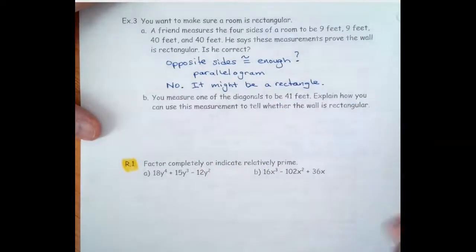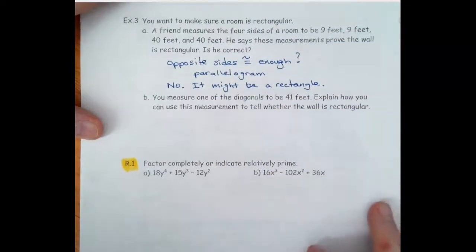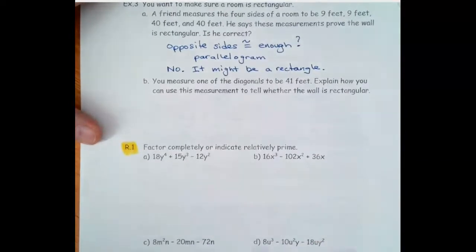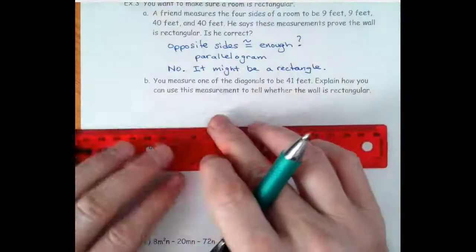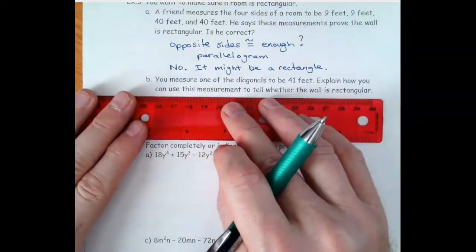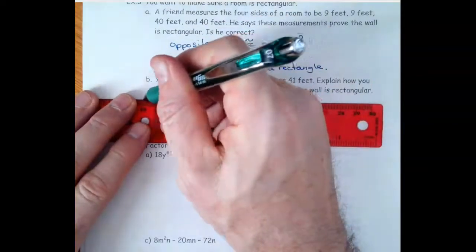Remember, to be a rectangle, you have to have 4 right angles. That's what makes it a rectangle. So you measure the diagonal to be 41 feet. Now, how can you use that to prove what's going on here?